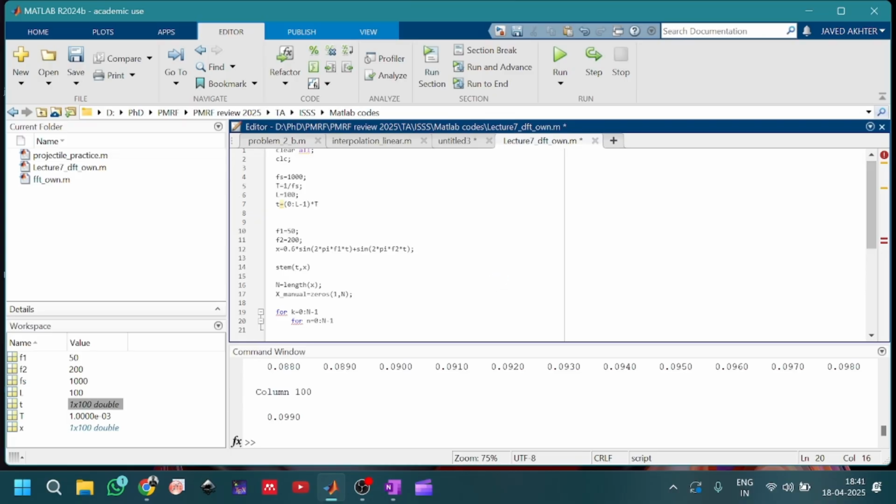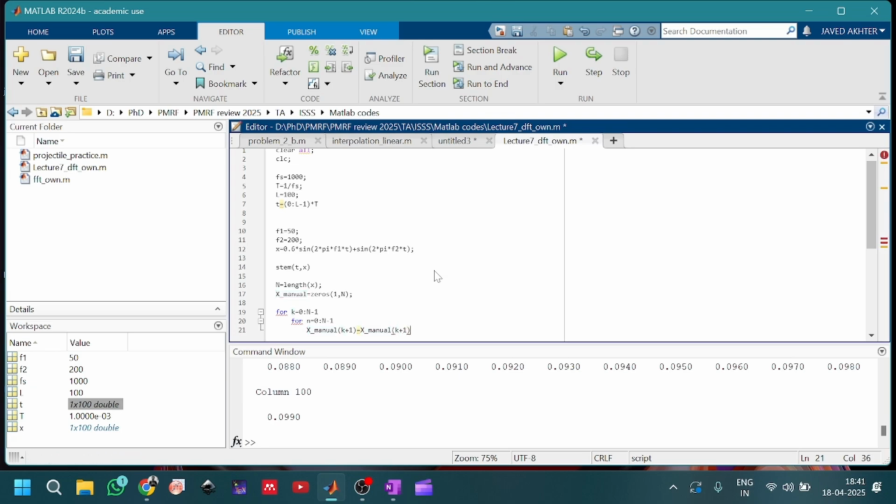Since you are starting from k equal to 0, you have to put here k plus 1, which will be x manual k plus 1.